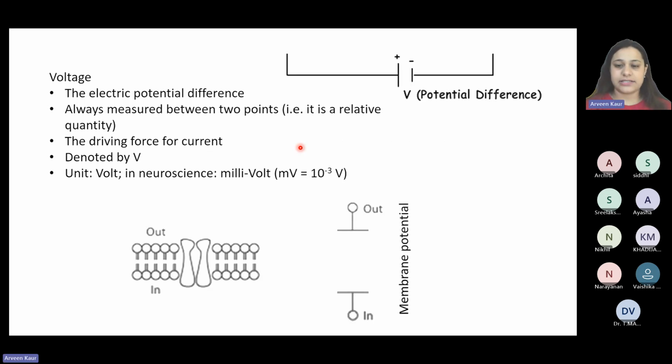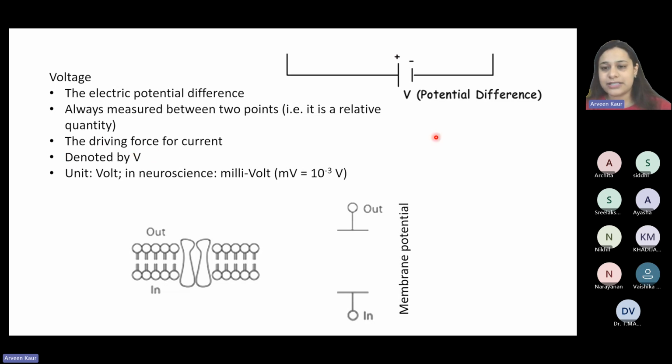Next, let us also recollect what voltage is, right? The electric potential difference is known as voltage. That is the difference between 2 points. The difference in charge between 2 points is known as potential difference or voltage. So it is always measured between 2 points. That is, it is a relative quantity, and it will be the driving force for the current, right?